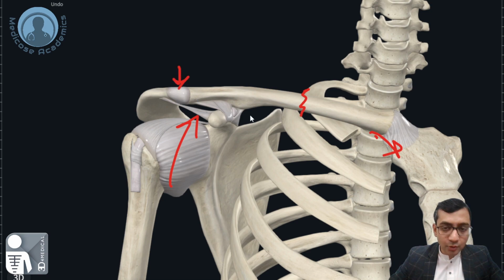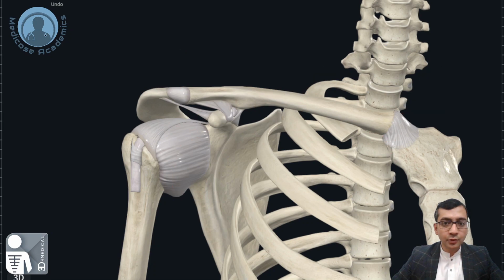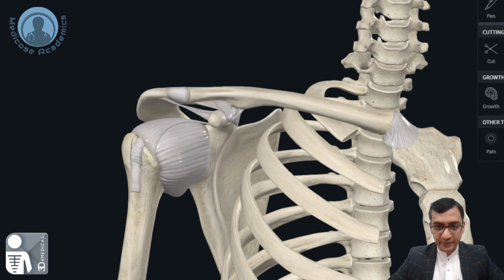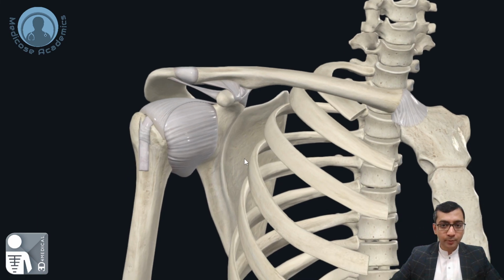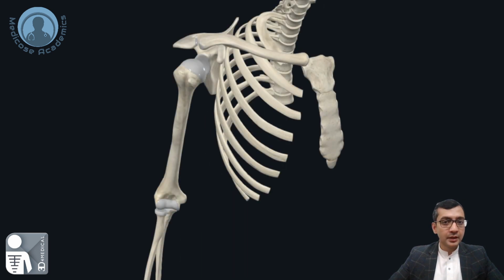It usually does not cause dislocation at the acromioclavicular joint or sternoclavicular joint, because these ligaments are so strong. So in the clavicle, you will see fractures much more commonly than dislocations.